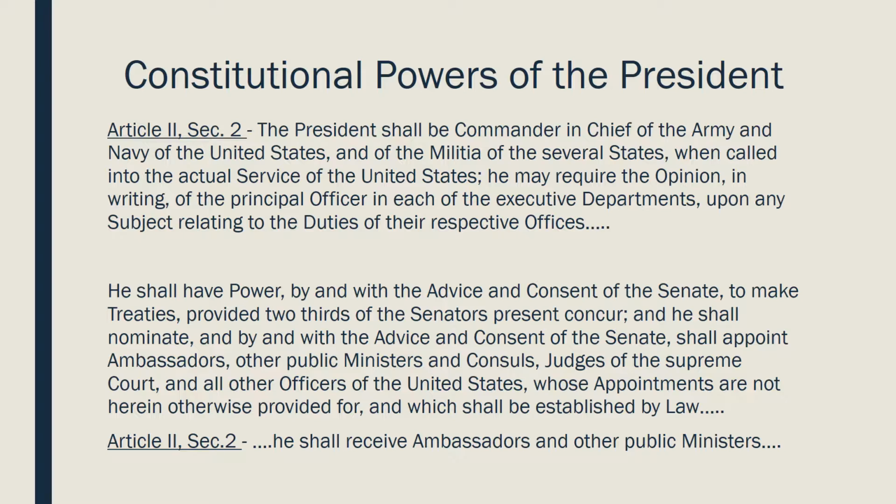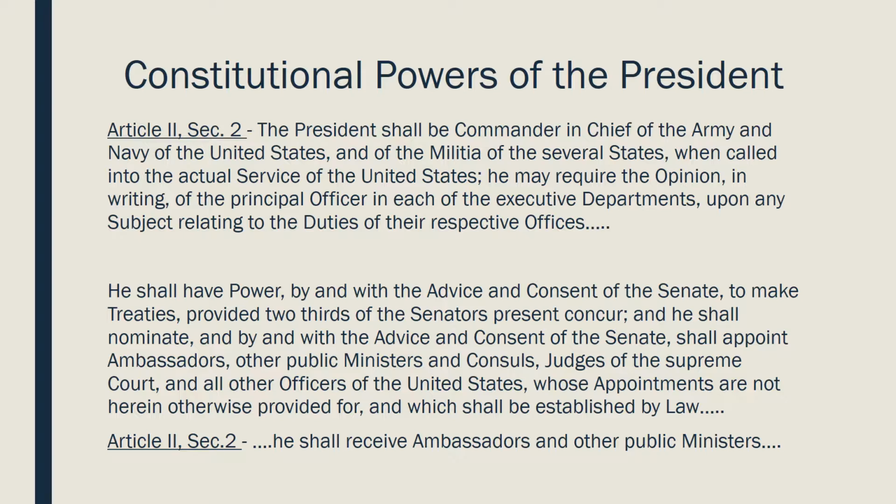Later on, we see here the language, he shall have power, by and with the advice and consent of the Senate, to make treaties, provided two-thirds of the senators present concur. He shall nominate, and with the advice and consent of the Senate, shall appoint ambassadors, ministers, consuls, judges of the Supreme Court, and all other officers of the United States.